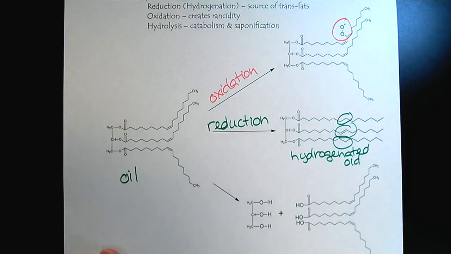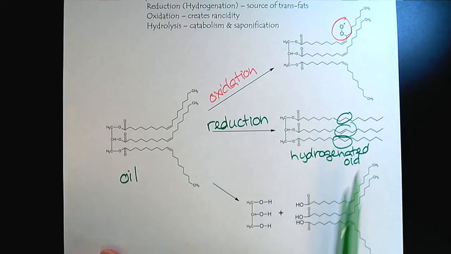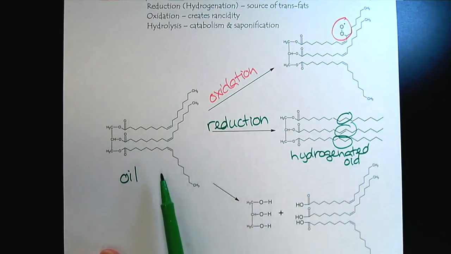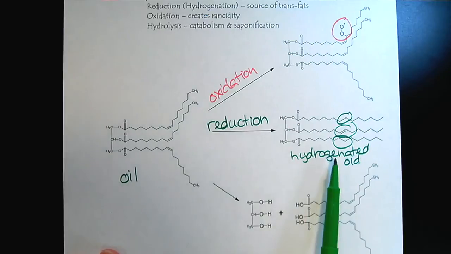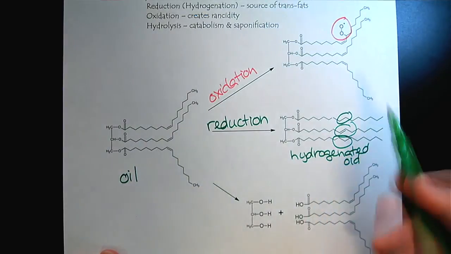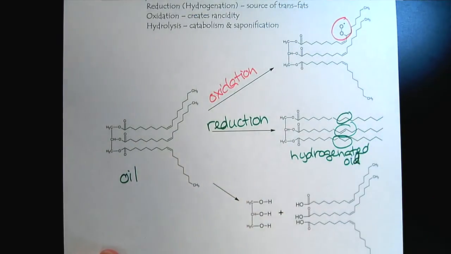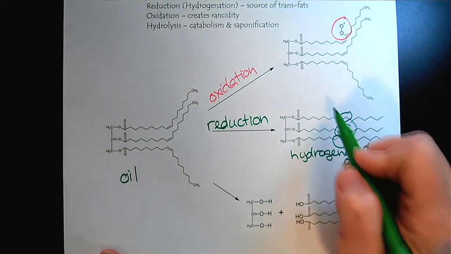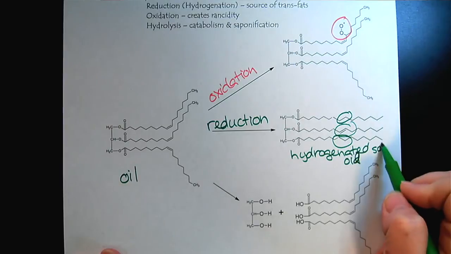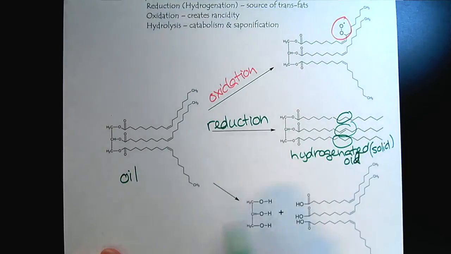And so then the processed food industry does the reduction to make the hydrogenated oils. There's several reasons why they do this. One is because now if we look at this hydrogenated oil, would we expect it to be a liquid or a solid? Notice that now it is most likely a solid, and here we would expect it to be a liquid.